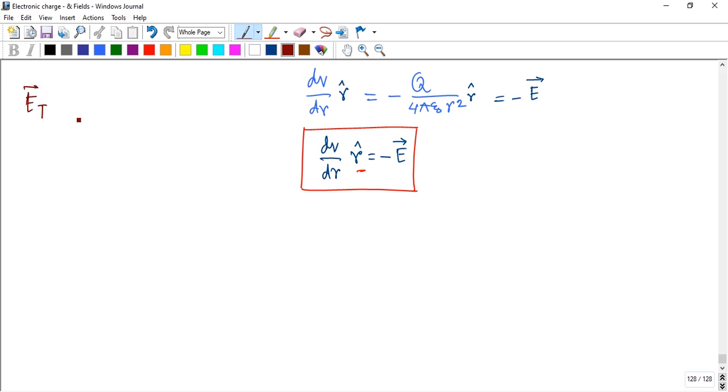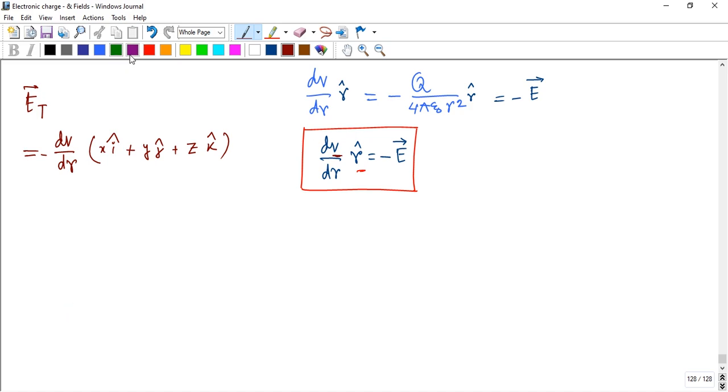That is equal to minus dV/dr, which is a scalar quantity, and there is a unit vector r cap. So that's the minus sign, and that r cap is defined as, suppose, x i cap in three dimensions plus y j cap plus z k cap.